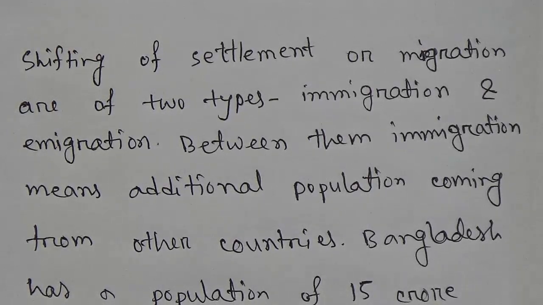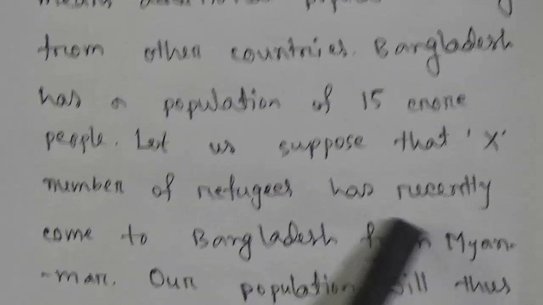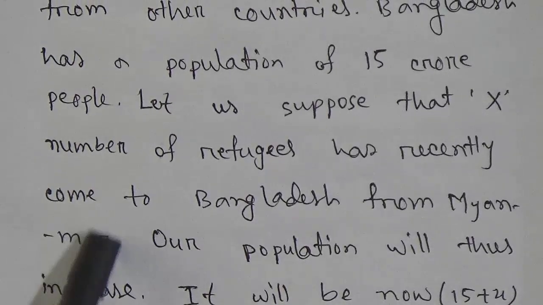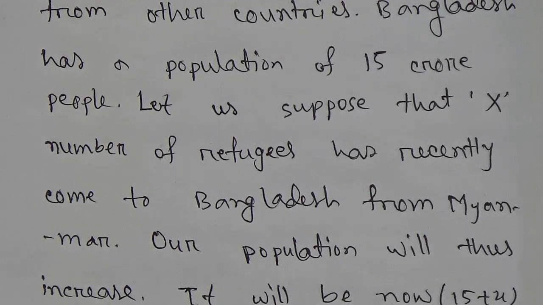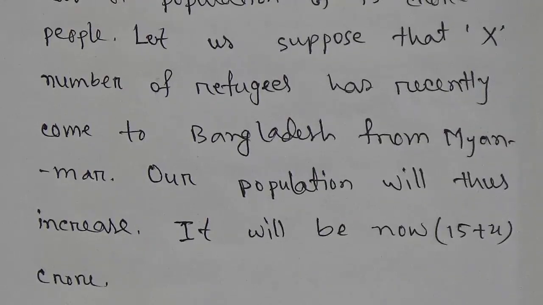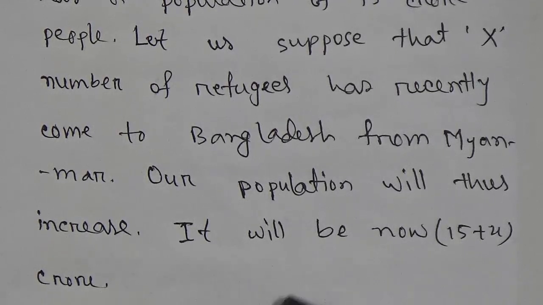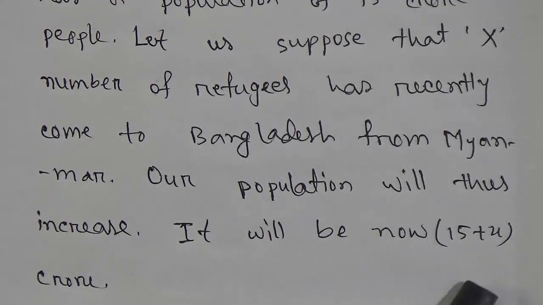Suppose that is X. As we have a total population of 15 crore, if we add this X, our population will increase and will now be 15 plus X crore. That is the process by which, in shifting of settlement, people increase in a country. Some people have come to our country, and that's why the population has changed. We are adding extra people to our total population. That is the answer of this question.